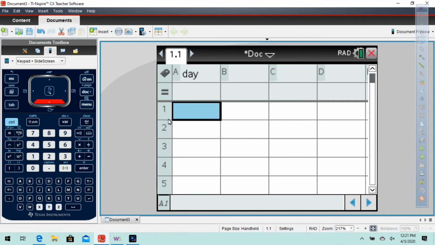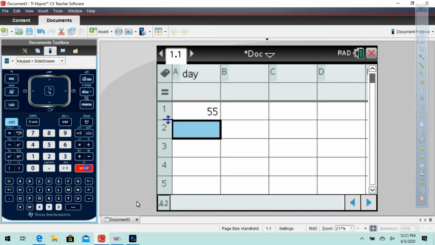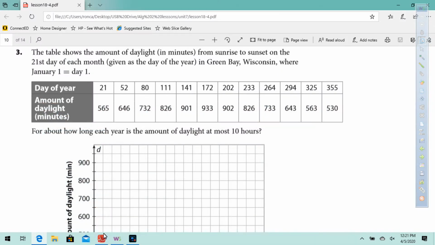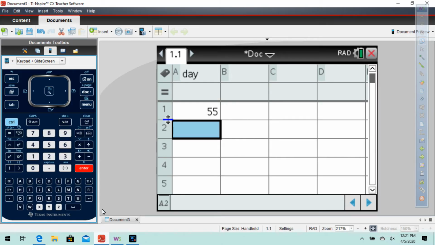I think the first one was 55. Let's see if that was right. Oh, no, it was 21, 52, 80. I wasn't even close.